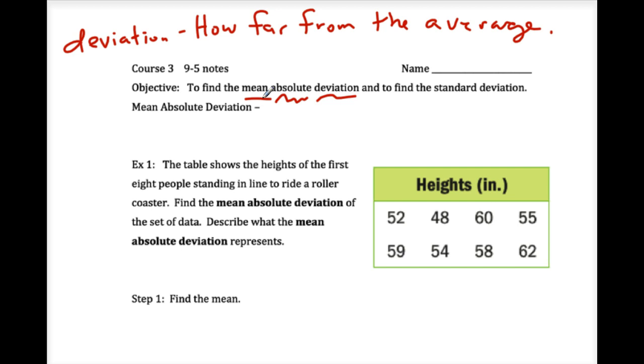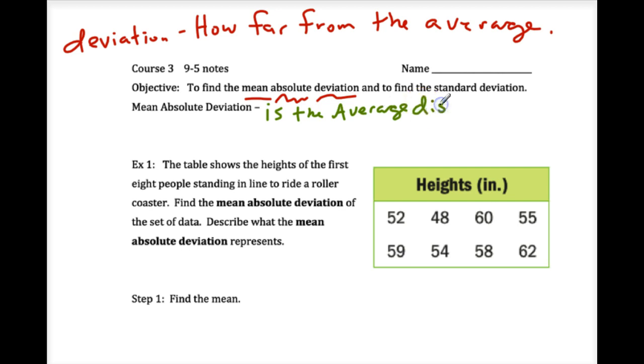So we're going to talk about the average, absolute value, how far from the average, deviation. Okay, and I'm going to show you guys step by step how to find it. All right, the mean absolute deviation we defined as the average. There's that word.